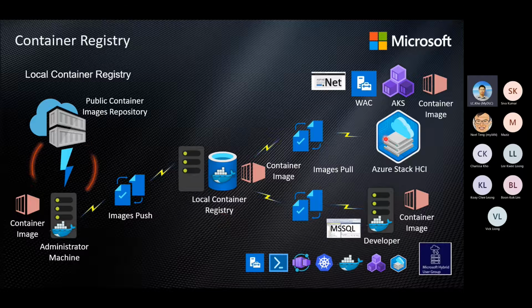For me to pull an 8 gig .NET container image from a local container registry takes only about a couple of minutes, instead of pulling the whole 8 gig image from the internet, which takes the longest time. All right, so any question on this area?